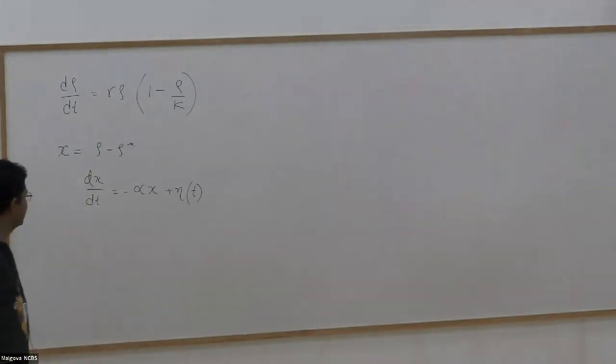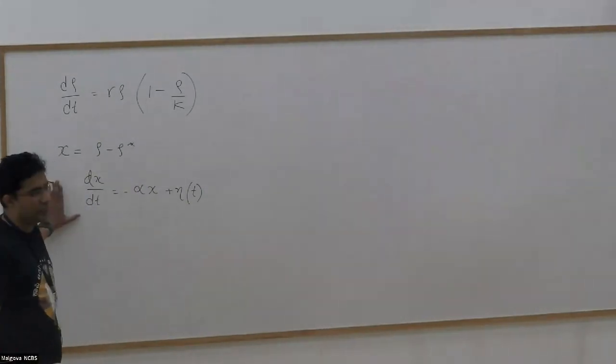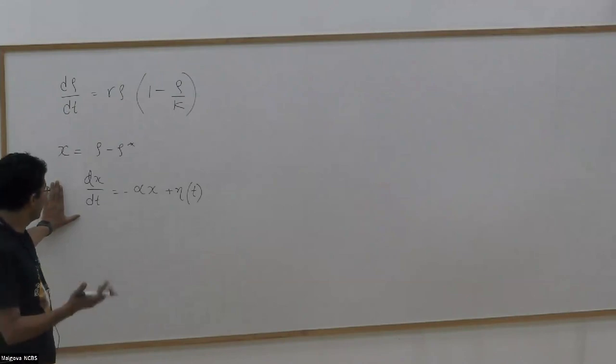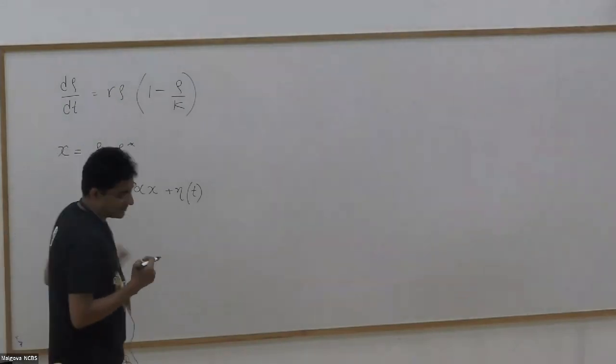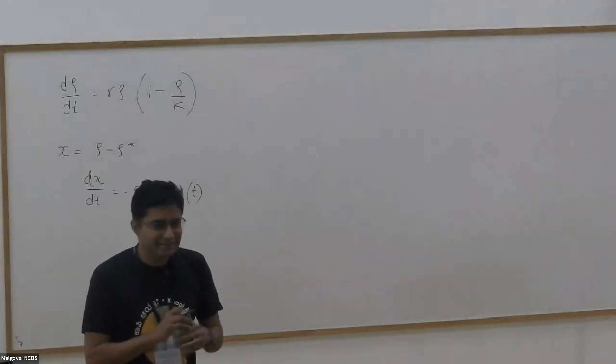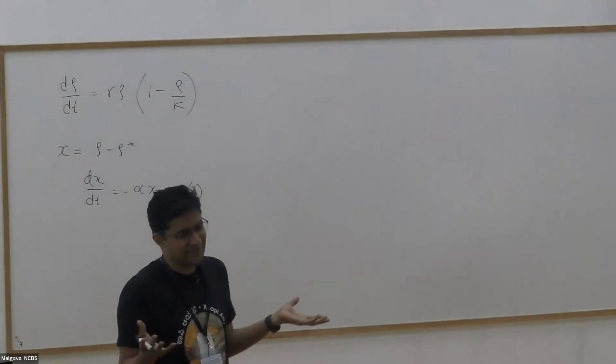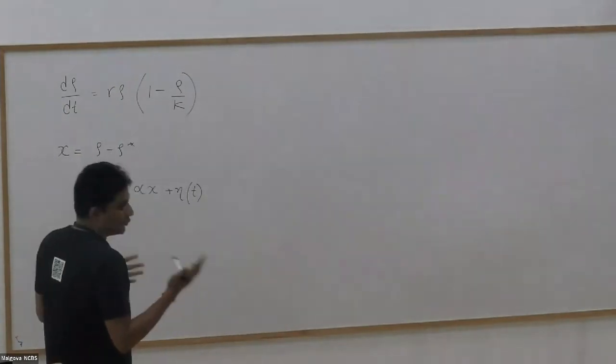This is the classic physics approach of how we understand stochasticity in various systems. Now, of course, to me, this is not always very satisfactory, for a few reasons.